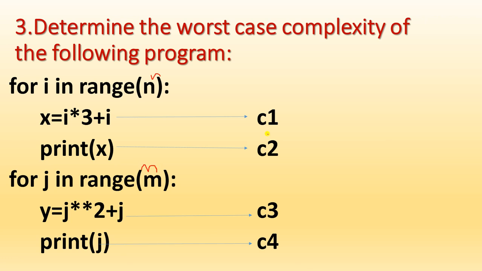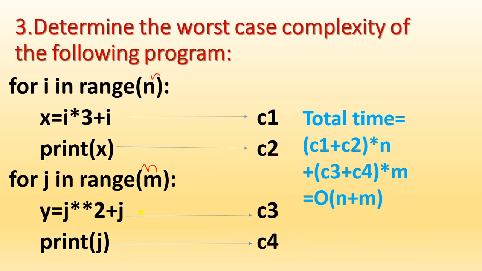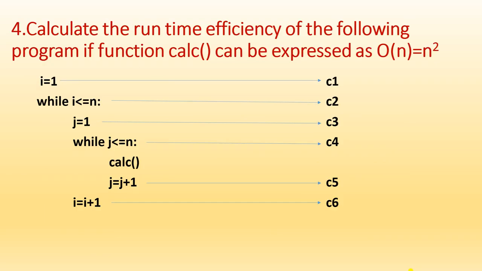So you have to multiply n by C1 plus C2, and n multiplied by m multiplied by C3, C4. These C1, C2, C3, C4 are constants, and n and m are the dominant terms. So it will give you the complexity O(n plus m).